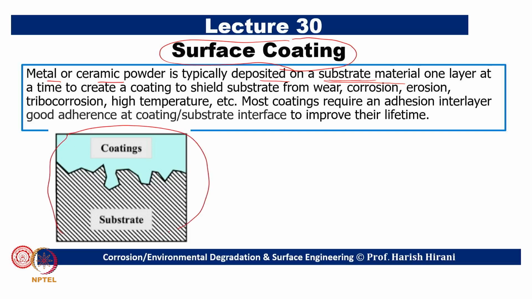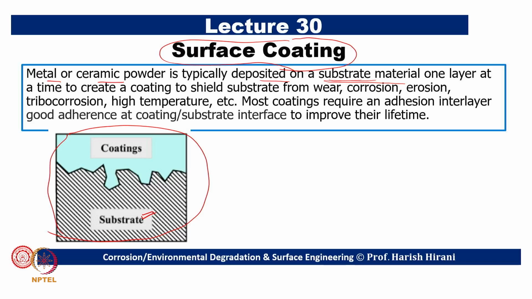You can see here there is an irregular surface, and in the previous lecture I mentioned the surface roughness. I said this is one of the very critical parameters. We want an extra smooth surface, but to reduce corrosion or reduce the wear rate, or enhance efficiency, we may go ahead with surface design also.